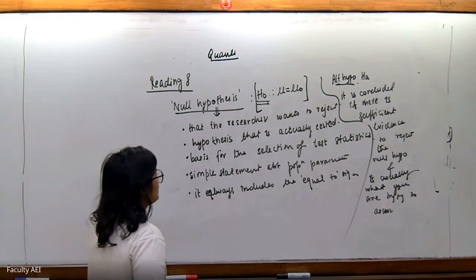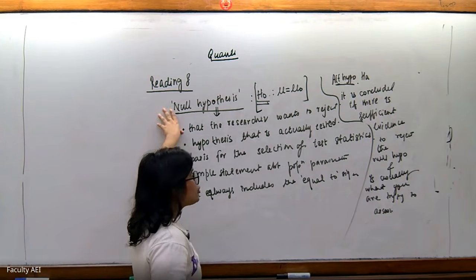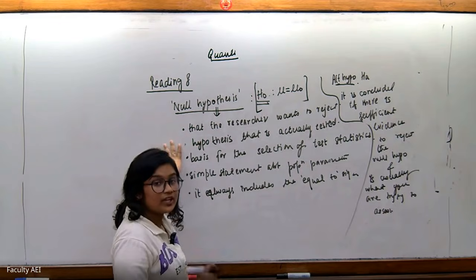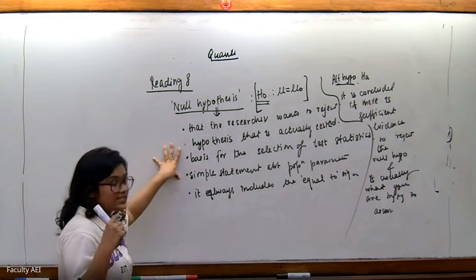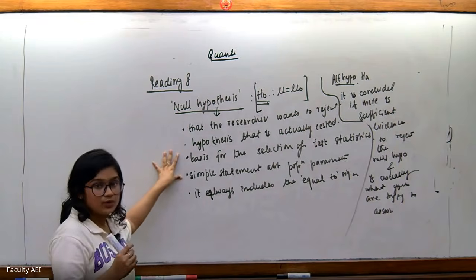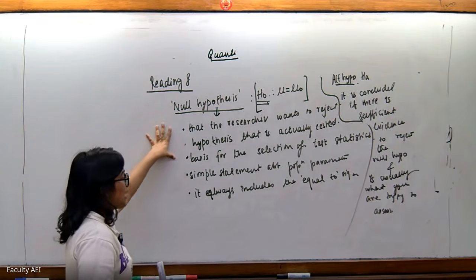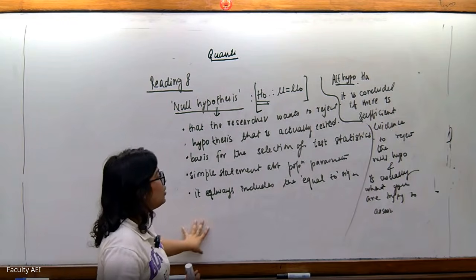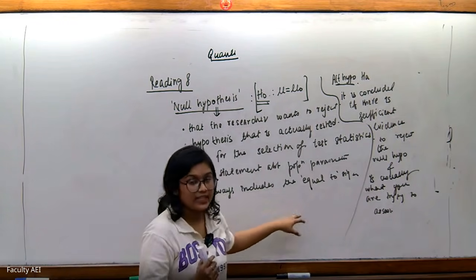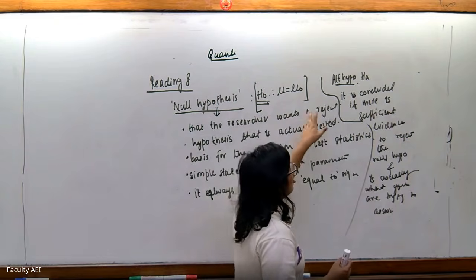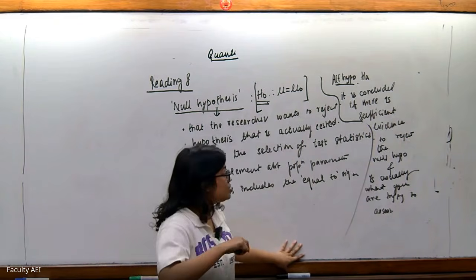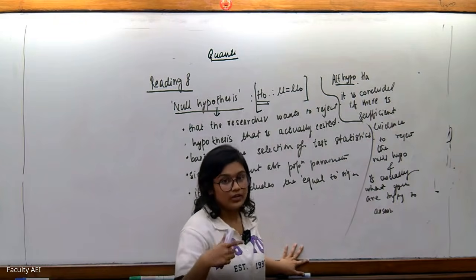So your null hypothesis is the hypothesis which you want to reject, and it is actually tested. Whatever your test statistics are, whatever your testings would be, it would be entirely done on null hypothesis. It will involve a population parameter statement and always has the equal to sign. And whatever your alternative hypothesis is, it is actually what you were looking for, trying to assess.